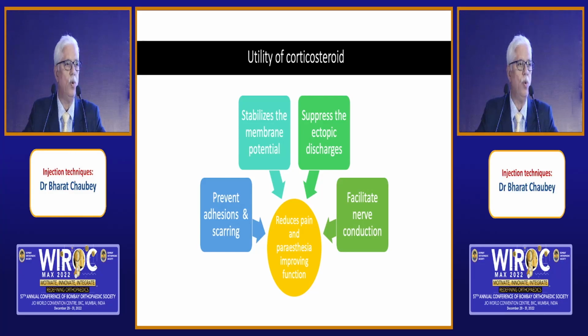We also know that steroid prevents adhesions and scarring, and adhesions and scarring can impede the blood supply to the nerve. So by giving steroid, we are facilitating the blood supply and preventing neuroischemia at a later date. So all put together, it reduces the pain, paresthesia, and it improves the function.